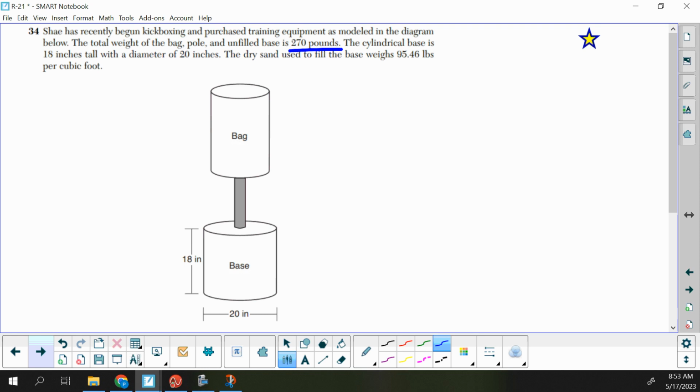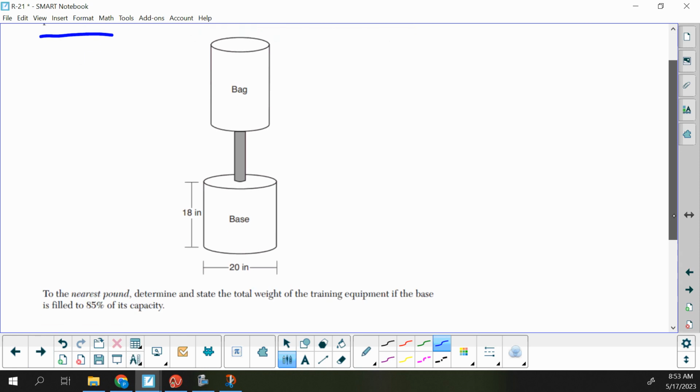The dry sand used to fill the base weighs 95.46 pounds per cubic foot. And we want to know what is the total weight of the training equipment to the nearest pound if it's filled to 85% capacity.